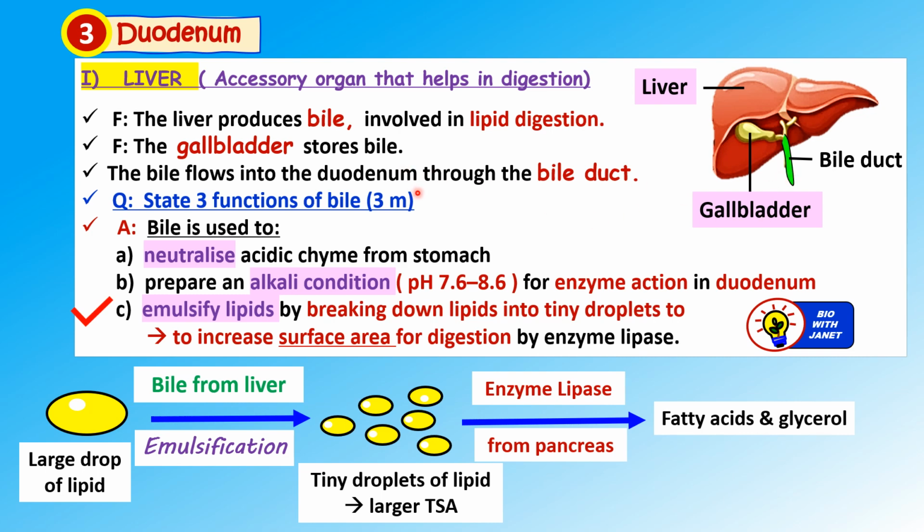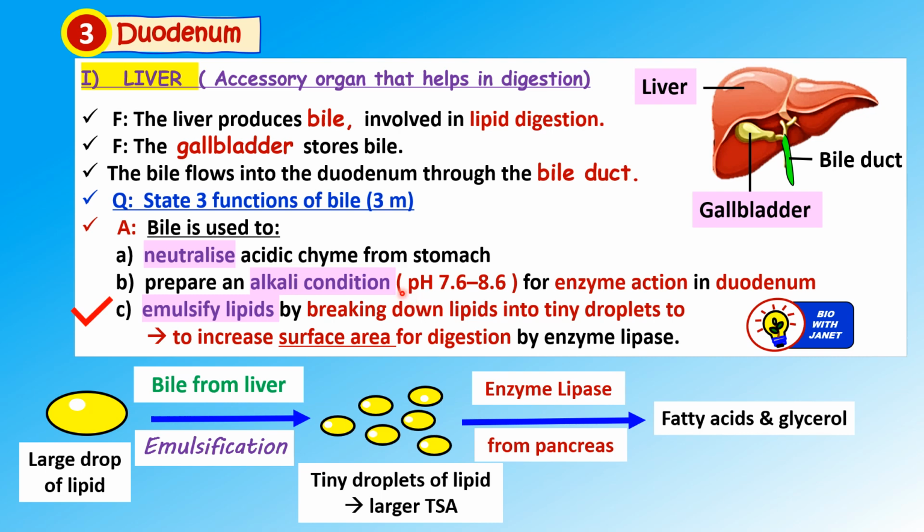Now, a common question asked is: state 3 functions of bile, for 3 marks. So the answer: bile is used to first neutralize the acidic chyme that comes from the stomach. Secondly, prepare an alkaline condition of pH 7.6 to 8.6 for enzyme action in the duodenum.